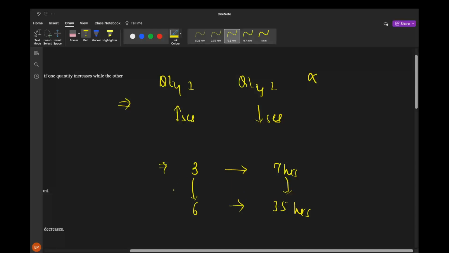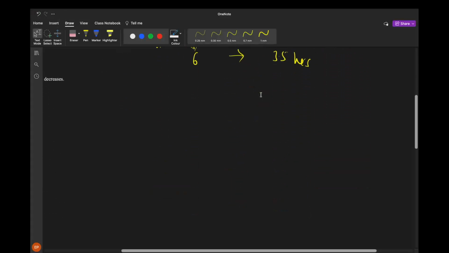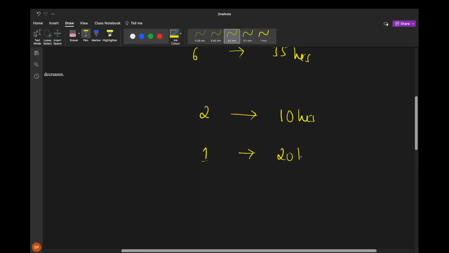If one quantity is increasing, the other decreases. If one increases, the other decreases. If one decreases, the other increases. Suppose two people take 10 hours to complete a work. What if a single person does it? It will take 20 hours, right?